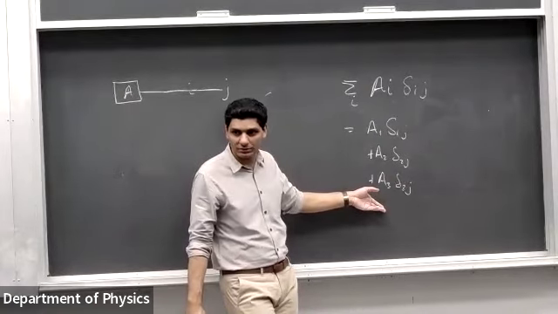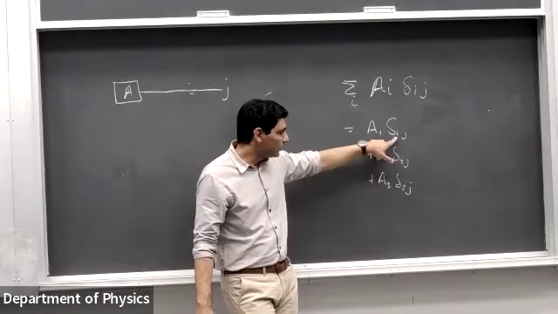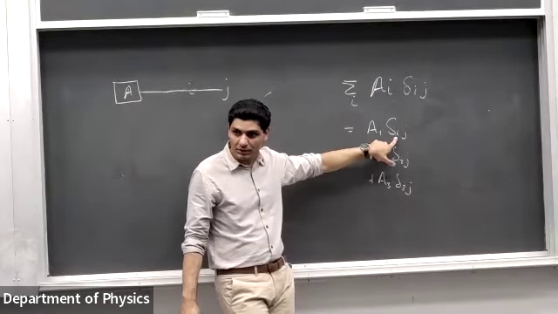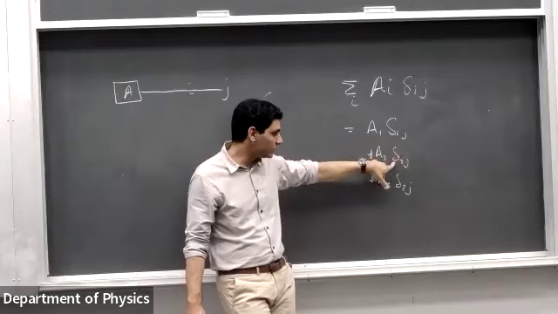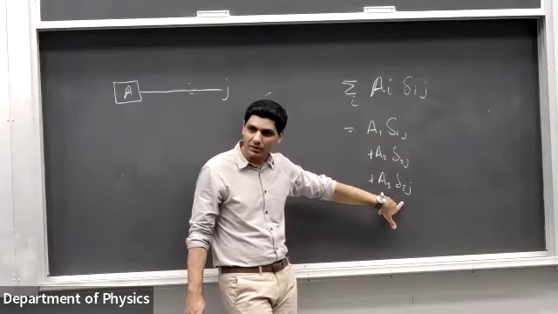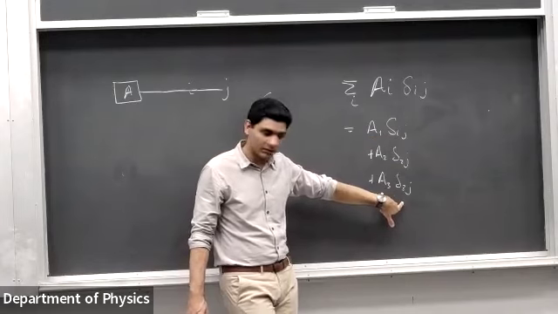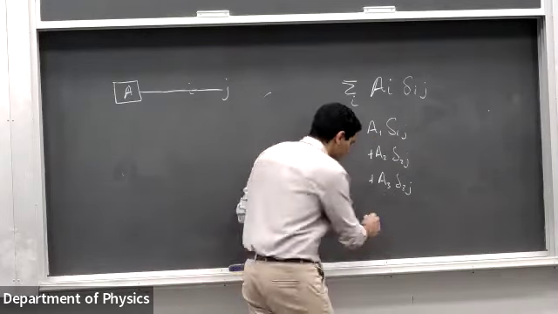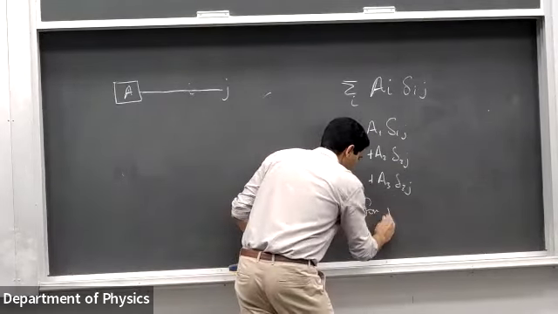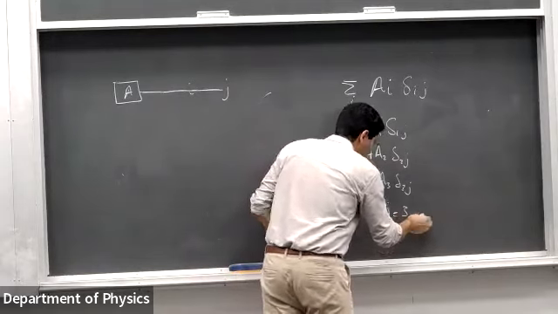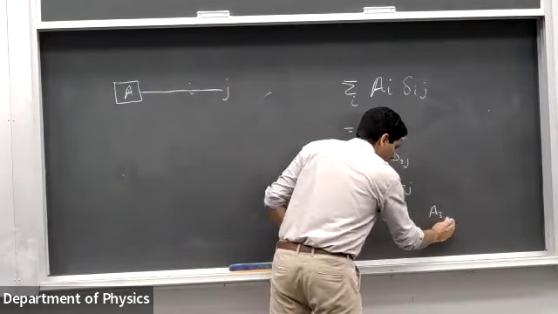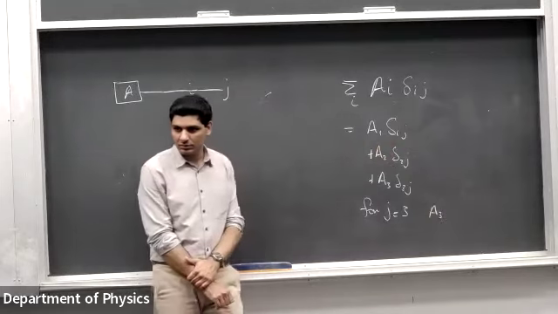Let's say you pick J equals 3. This term goes to 0 because you get delta 1, 3. I and J are not equal. This goes to 0. This goes to 0. The only term that survives is the third one. So for J equals 3, the above expression is just A3.